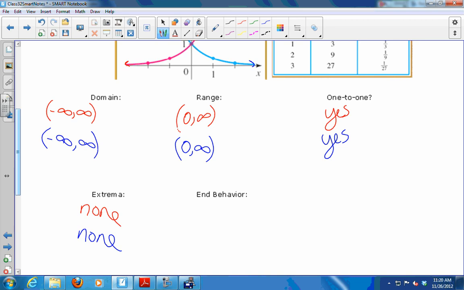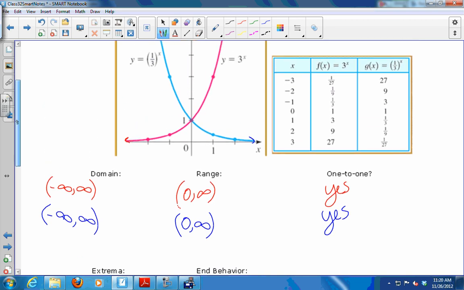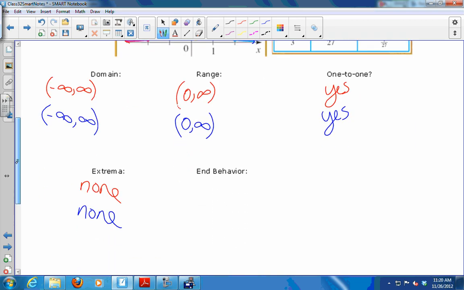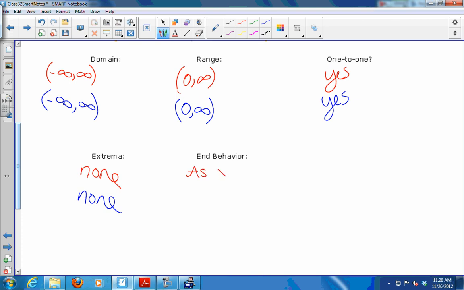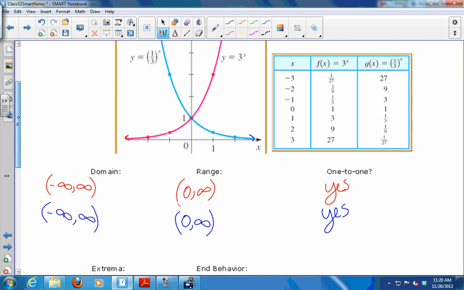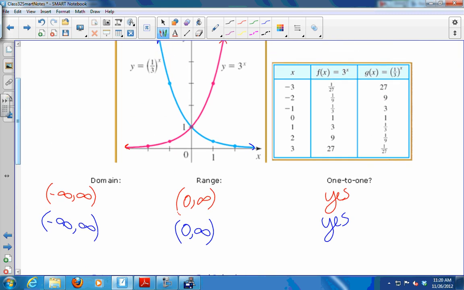And then finally, I just want to do end behavior. So for the red graph, as x approaches infinity, what happens to y in the red graph?